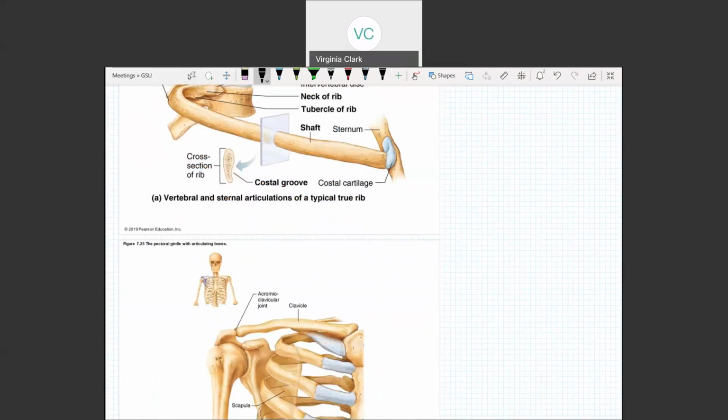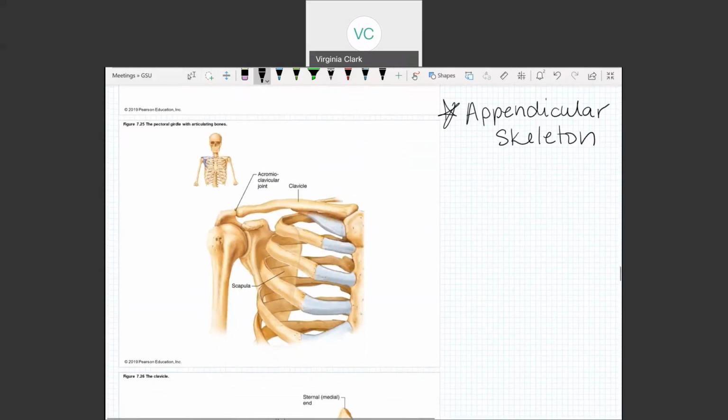This next section is going to be covering the appendicular skeleton. So we're just going to move right on in. Looking at the appendicular skeleton, what we need to know is that this is actually comprised of 126 individual bones.